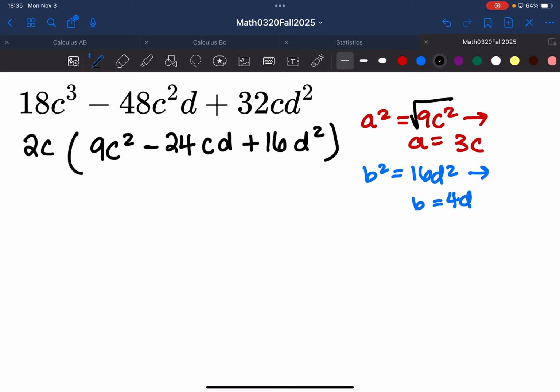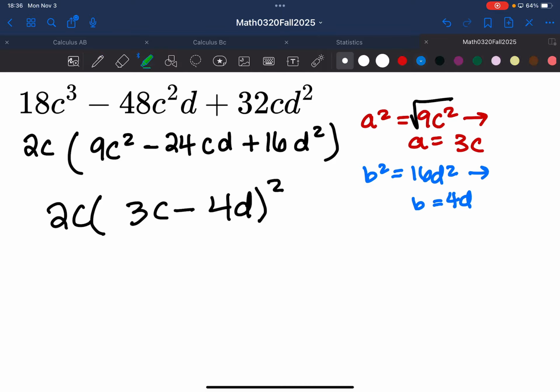Okay. Am I going to have a minus or a plus sign in my parentheses? A minus. How do you know? The negative 24CD. So then I'm going to have 3C minus 4D, and the whole thing is squared, and then I have to bring down my GCF.